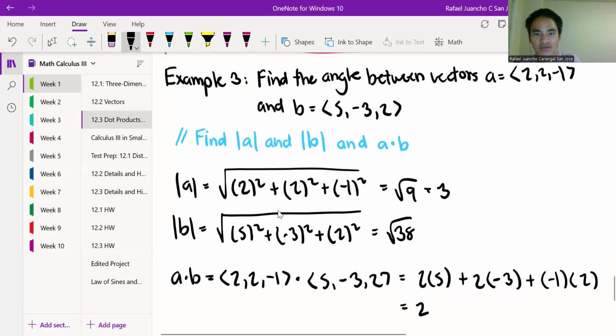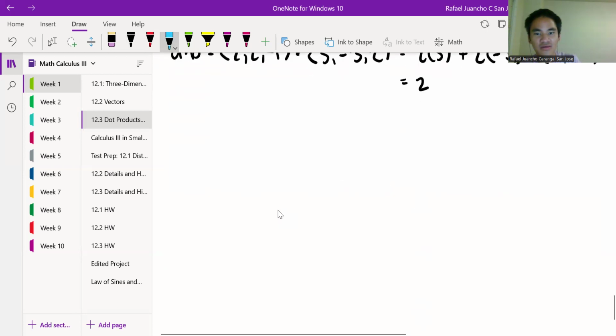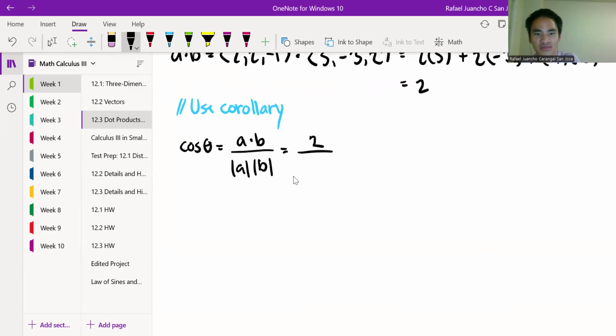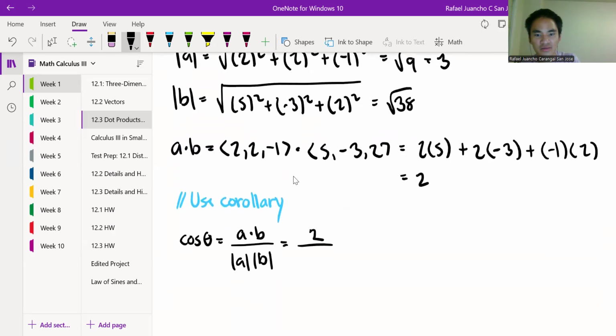And so we just use that formula, or that corollary. So that is cosine theta equals 2 over 3 square root 38.